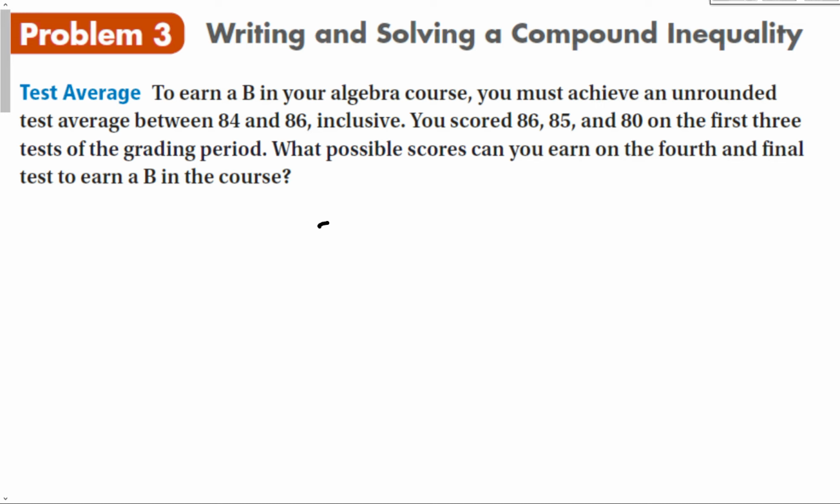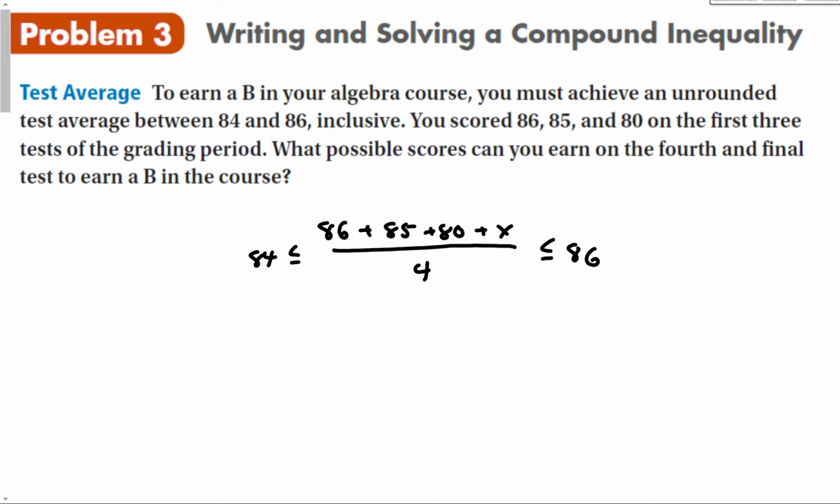So my average is going to be the sum of all the tests, including the last one, divided by 4. And I want this number, whatever it happens to be, between 84 and 86 inclusive, so less than or equal to.